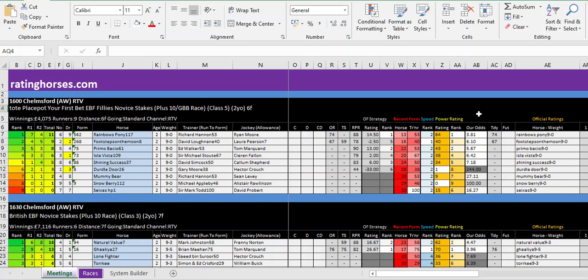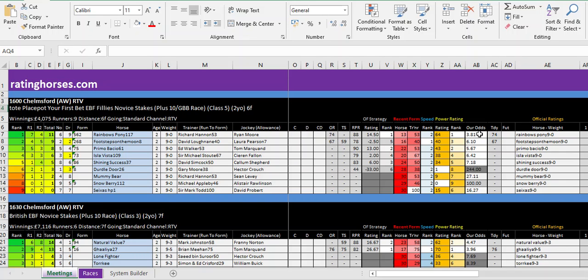Okay, and the easy way to explain this is top rated horse Rainbow's Pony. We advise that the real value for that, the real price that the horse should be, is 3.81. Now, of course, these are decimal points. If you're looking at SP fraction sort of prices, this horse is just under 3 to 1.